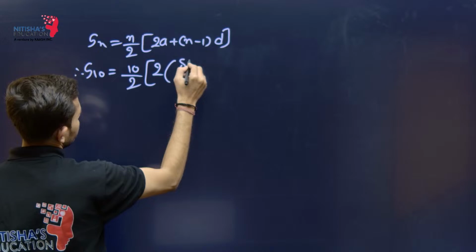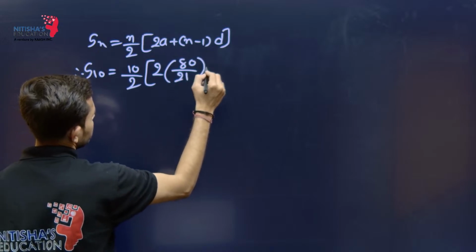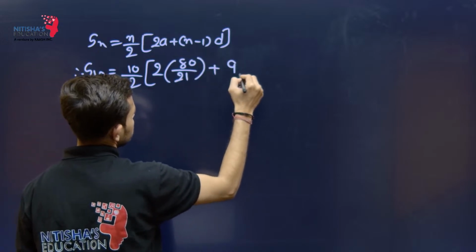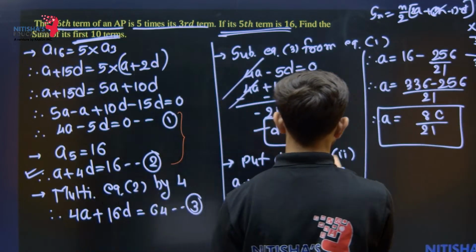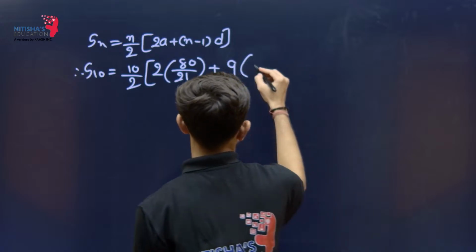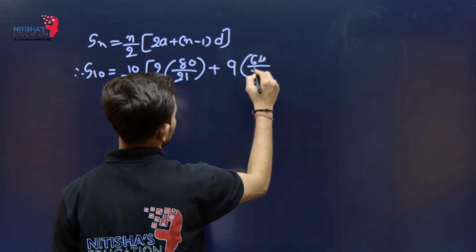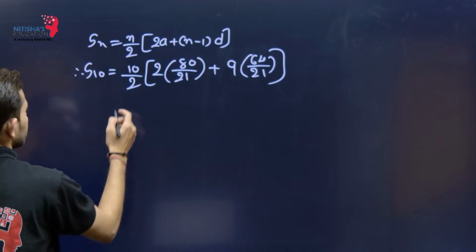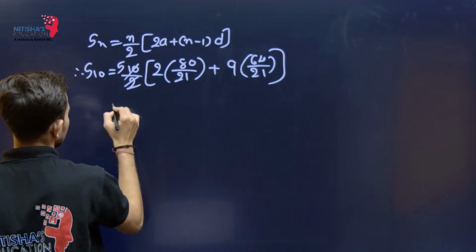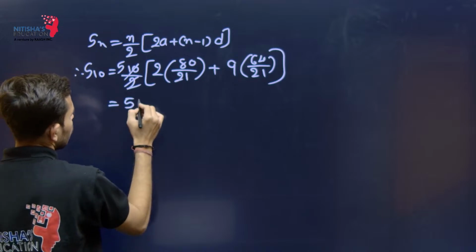We have the value of a, which is 80 upon 21, plus 10 minus 1 is 9, and we have the value of d, which is 64 upon 21. It's 2 5s are 10, so we have 5 over here.